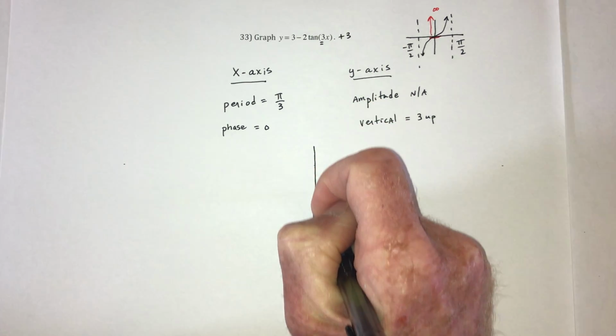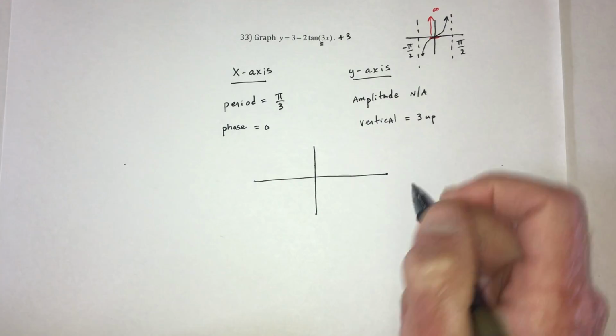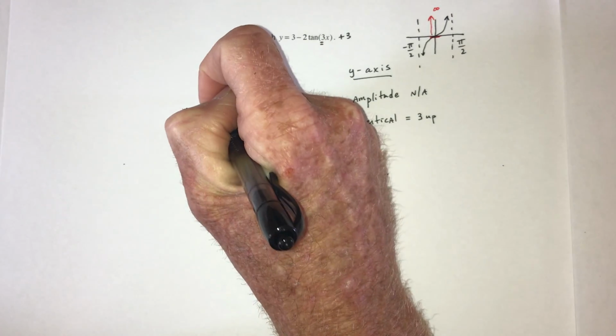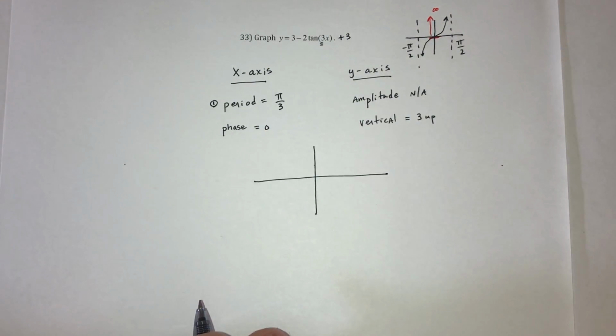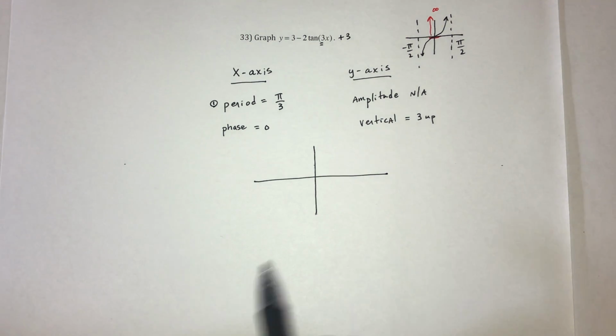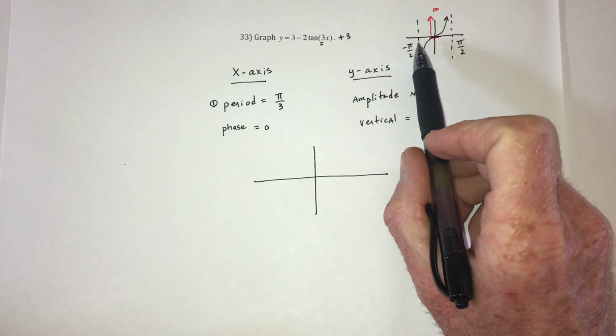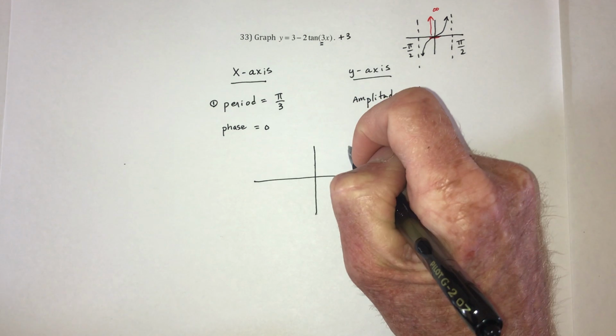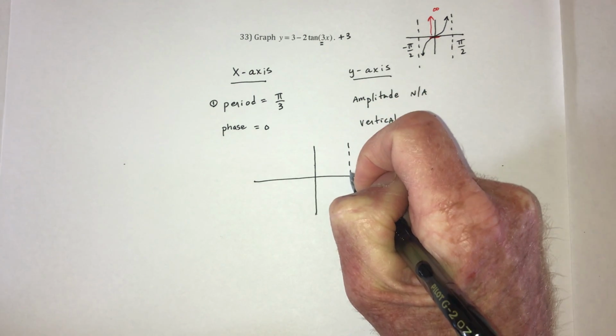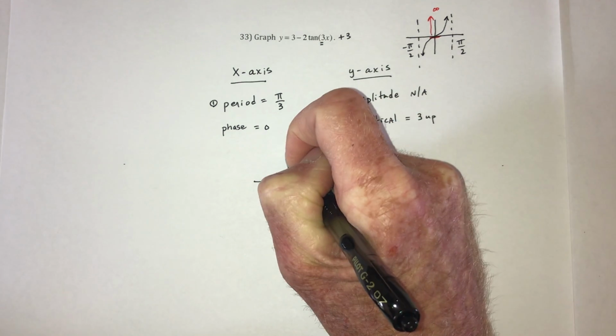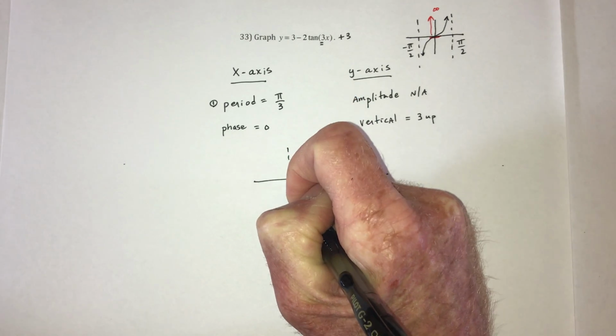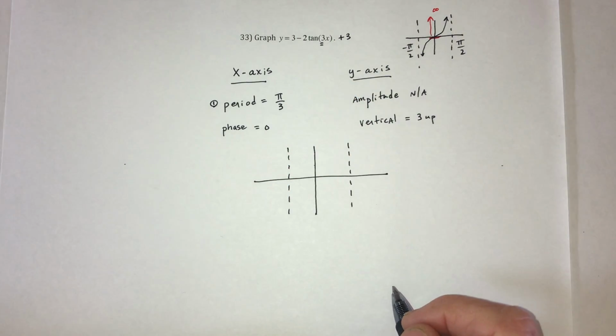So now start sketching the graph. And I always start with this. Number 1, the period. So the period is pi over 3. But remember it has asymptotes. So it's going to have asymptotes. There they are.